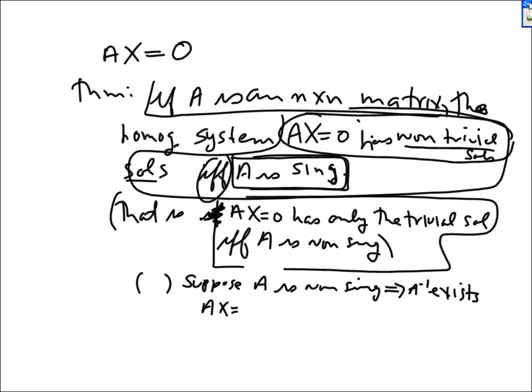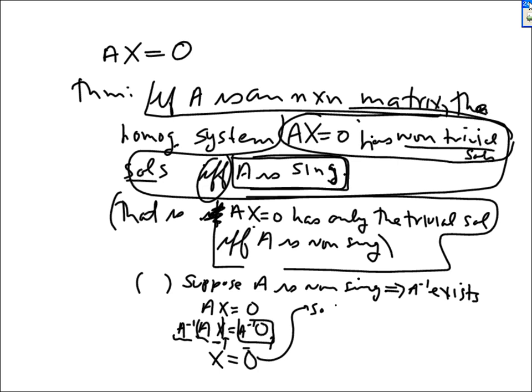And AX equals 0, we were given that. If I multiply both sides of the equation on the left side, not the right side, by A inverse, well, A inverse times A is the identity, times X is just X, and any matrix times the 0 matrix is the 0 matrix. So yes, if A is non-singular, X must be 0.